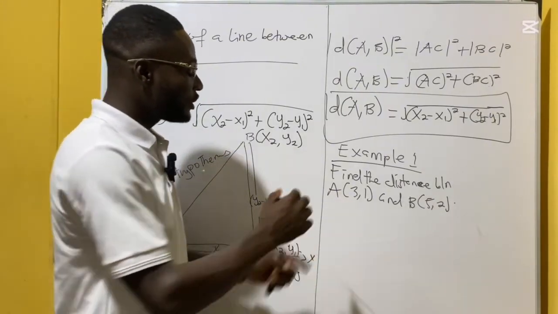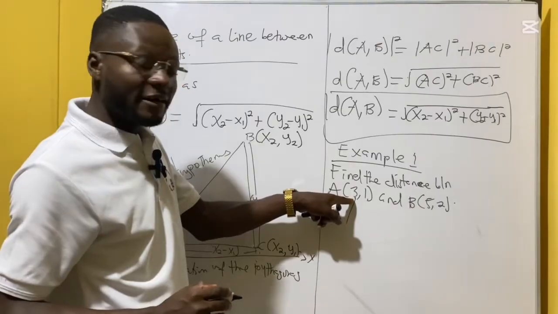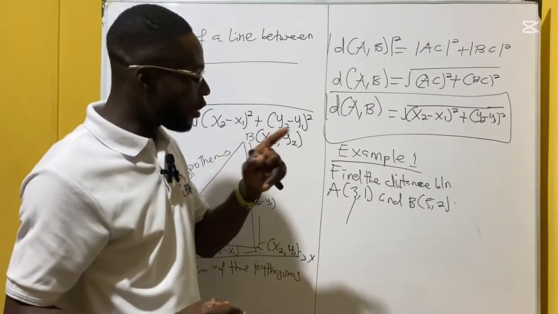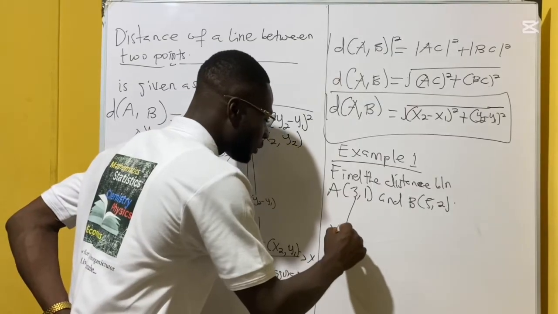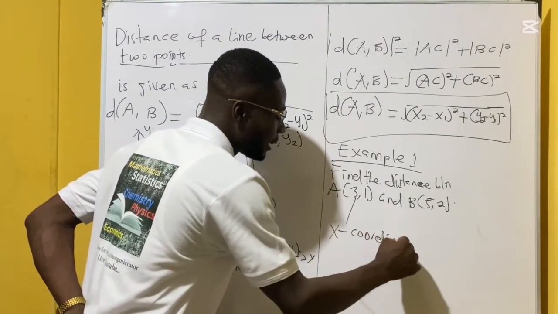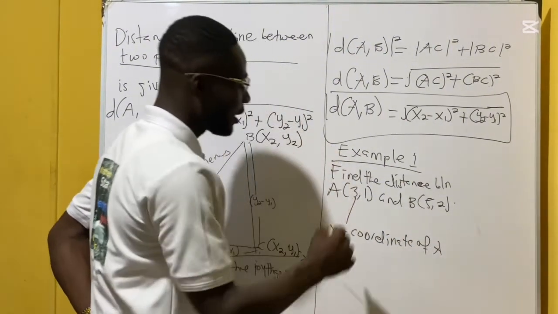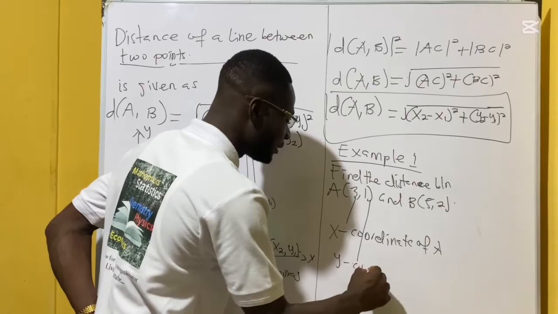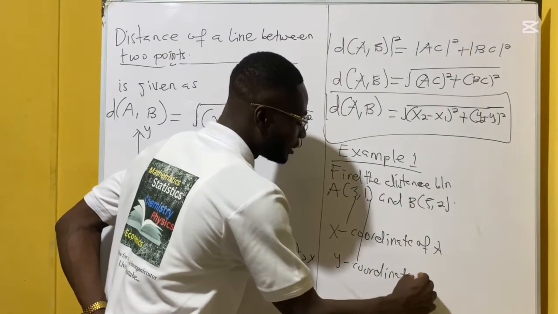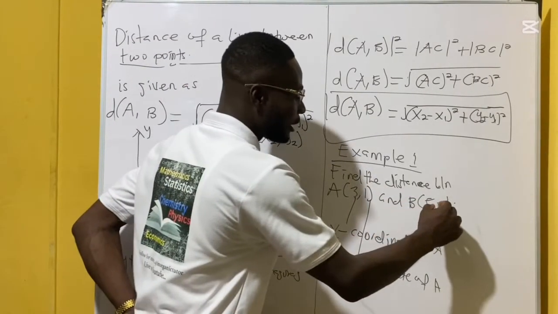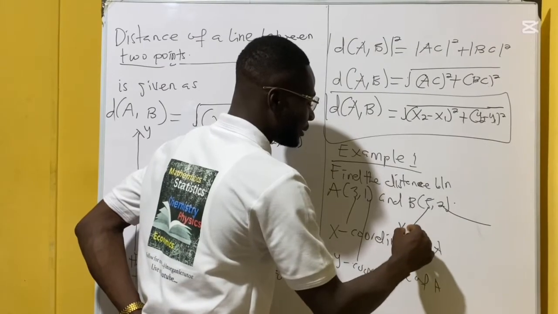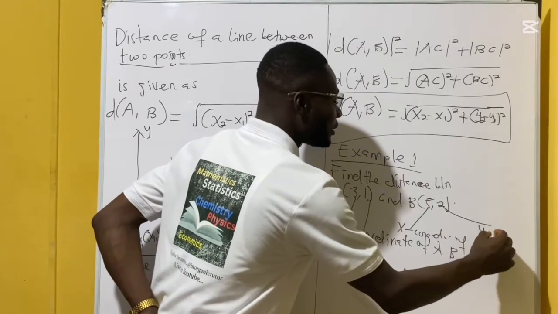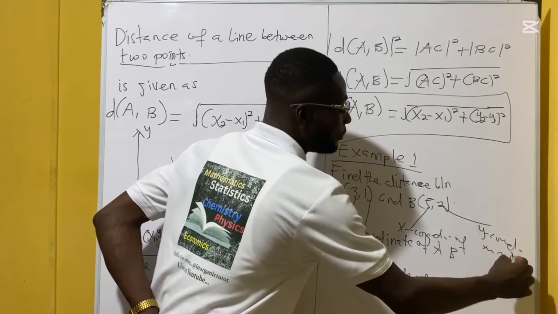Right, so here we know that the first number here represents the x coordinates of A. So this represents the x coordinates of A, and this represents the y coordinates of A. Here as well, this represents the x coordinates of B and that of y coordinates of B, right?